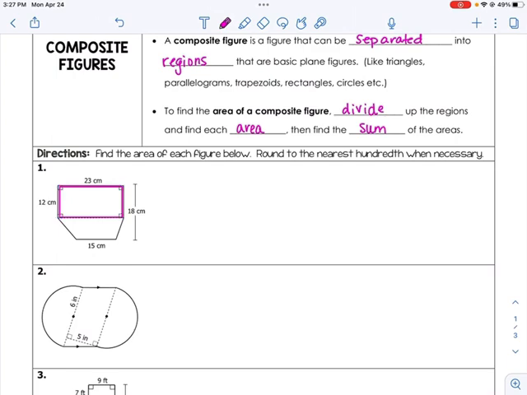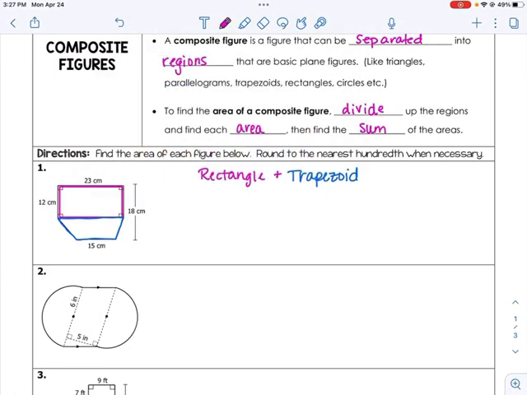But then we also have a trapezoid that I'm going to highlight here in blue. So we need to find the area of the rectangle, and we need to find the area of the trapezoid, and then we're going to add them together.